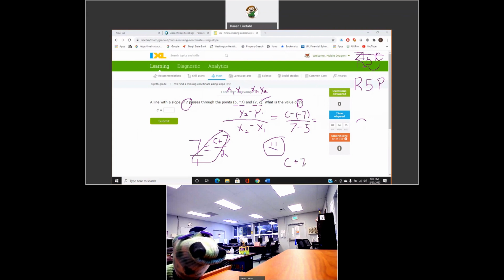And that's going to be equal to 7 times 2, which is 14. Because we had set up a ratio, we cross multiply. Now we subtract 7 from both sides. And we end up with c equals 7. Of course it does. Lots of 7s on this one.